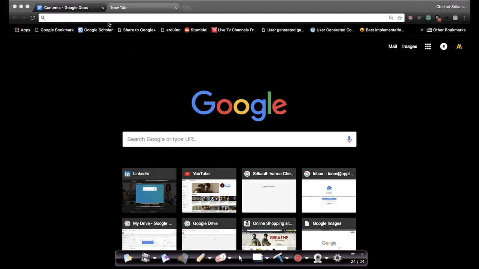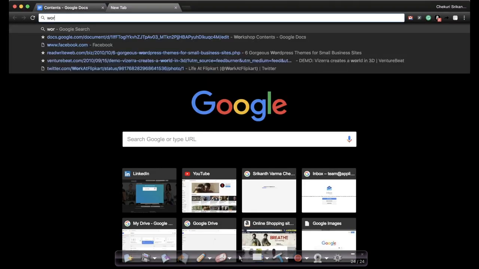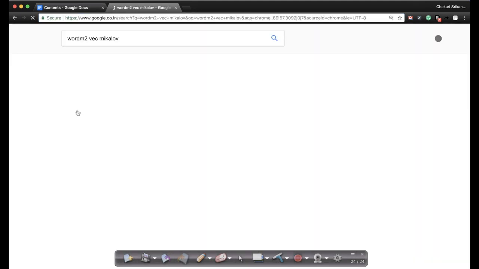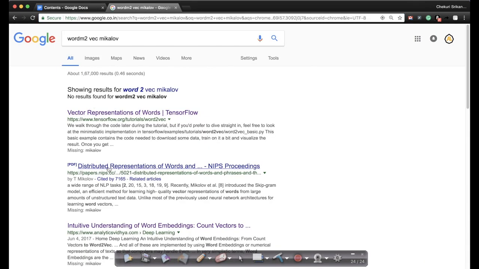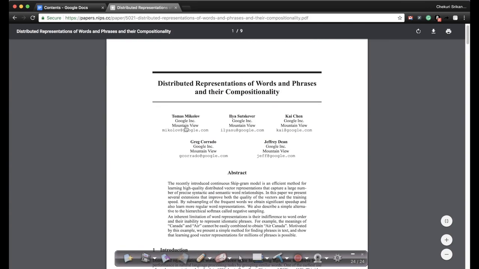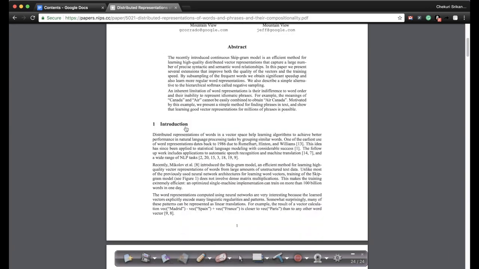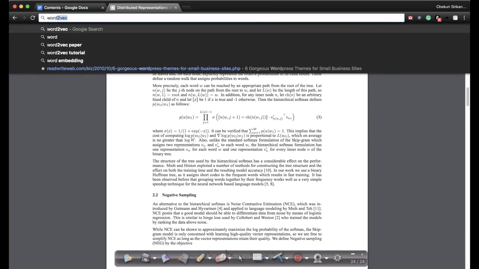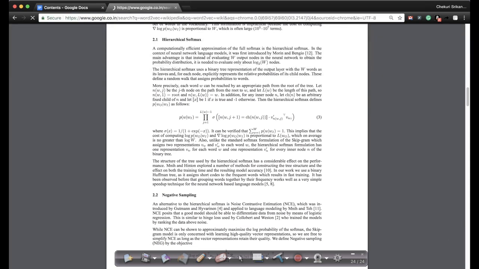Let me quickly search for it. Word2Vec Mikolov, right? If you see, distributed representations, etc. Okay, this is a NIPS paper. Let's see which year it is. I think it's around 2012ish. Let's look at Wikipedia, my favorite source of information.